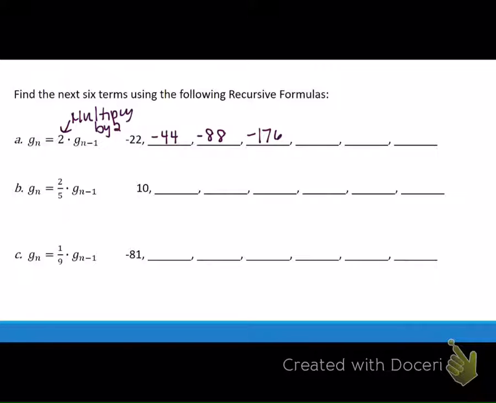Okay. Colin. Oh, okay. Calculator glitch. It's negative 352. Okay, Justin Powers.